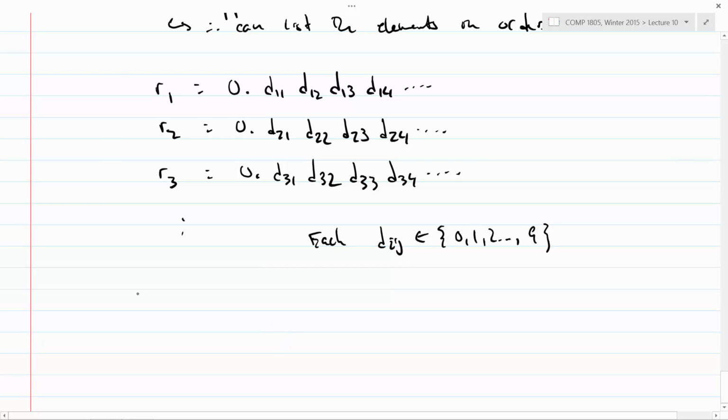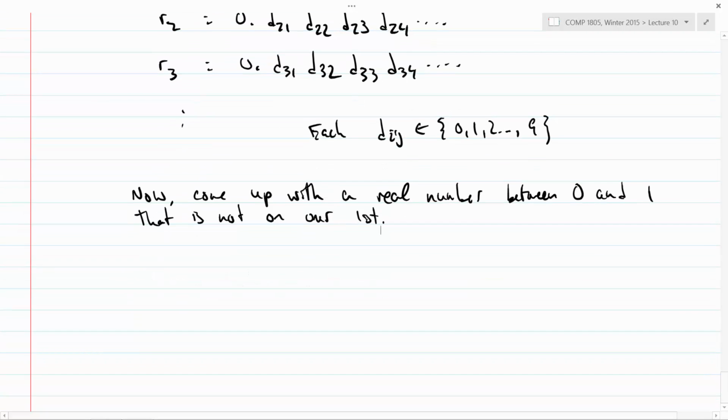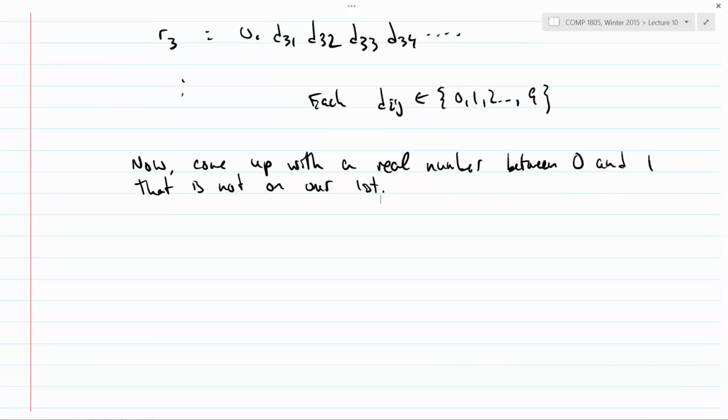So we're going to come up with a real number between 0 and 1 that is not on our list. I'm going to call it R, and it's going to be 0.D1, D2, D3, D4, D5, and so on.